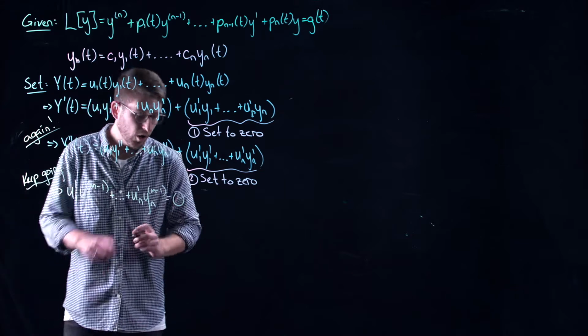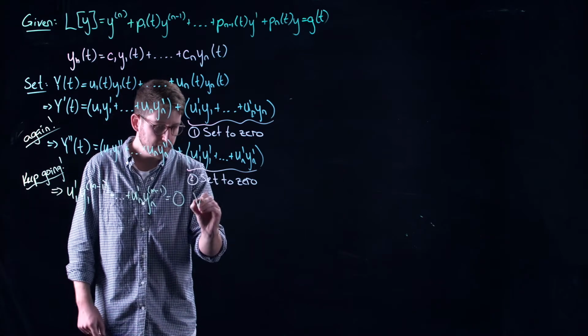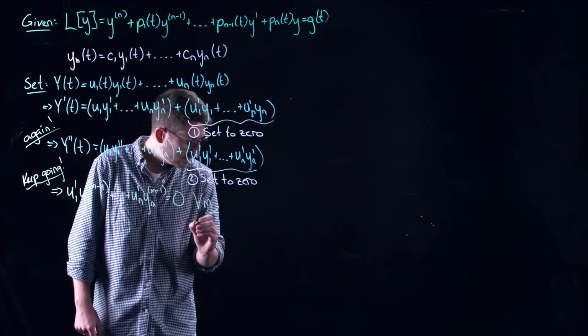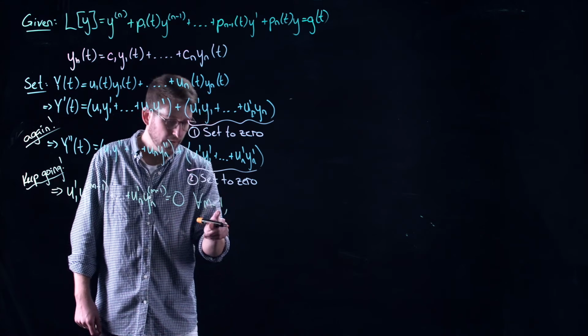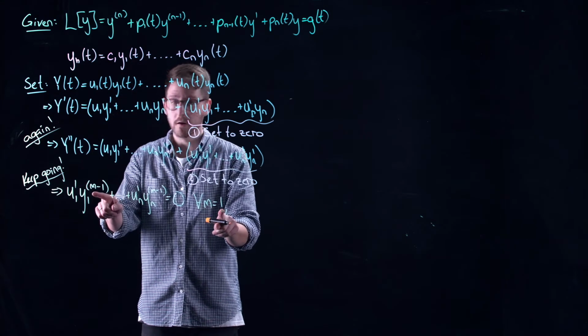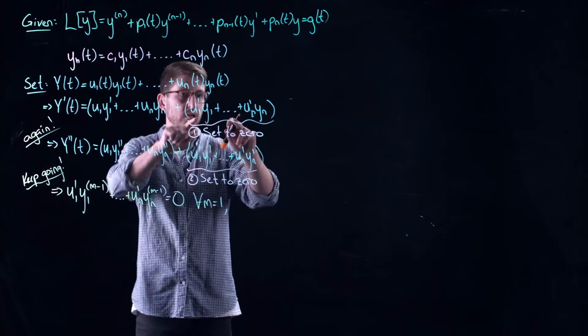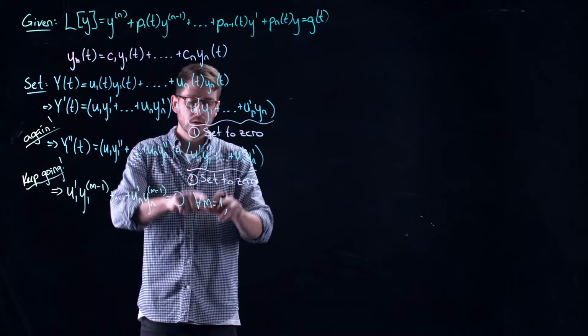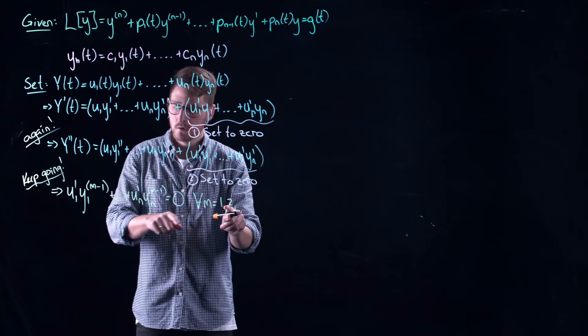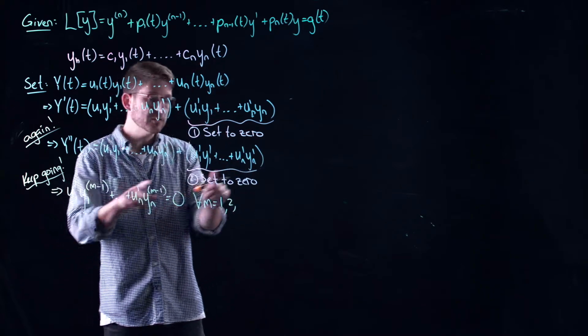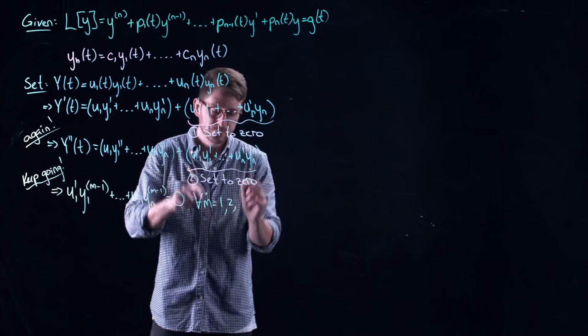I'm going to set all of those equal to 0. And this is going to happen for all m equal to 1. So when m is equal to 1, these are zeroth derivatives. They're the original functions. That's condition 1 right here. When m is equal to 2, all of these are first derivatives. That's condition 2 right here.